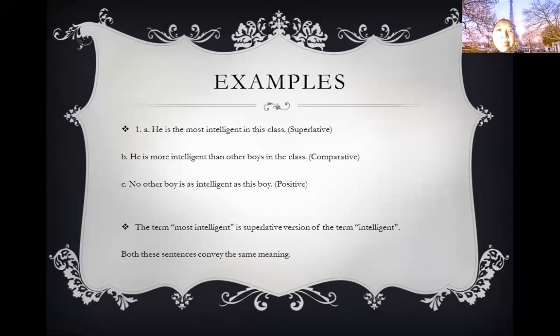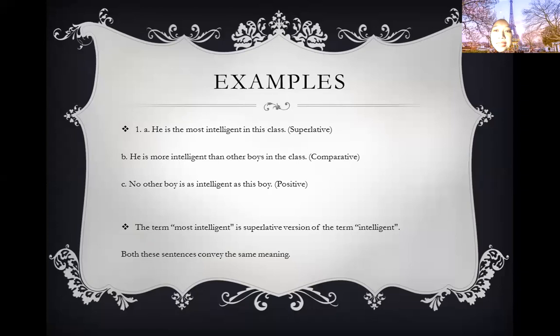I'll give you some examples for superlative, comparative, and positive. Now we have three kinds of degrees of comparison. First, he is the most intelligent in this class. That is superlative. He is more intelligent than other boys in the class. For comparative. For positive, no other boy is as intelligent as this boy.